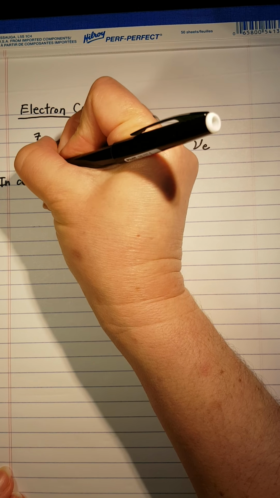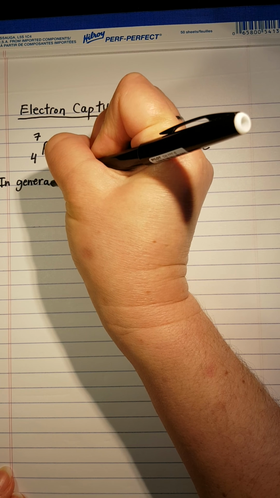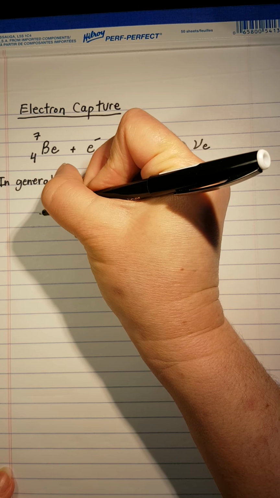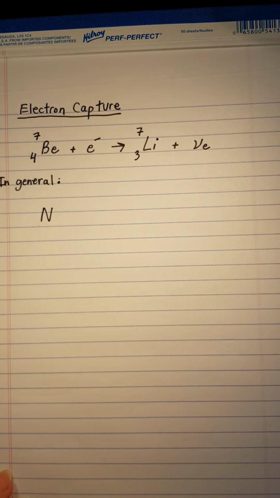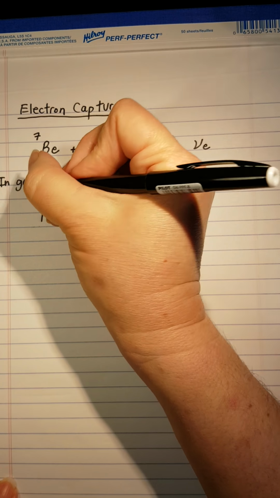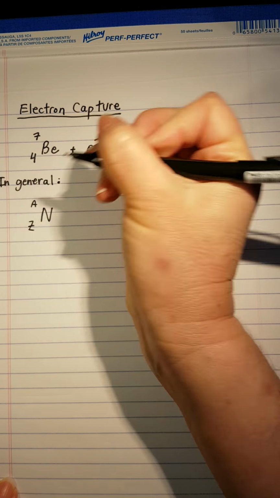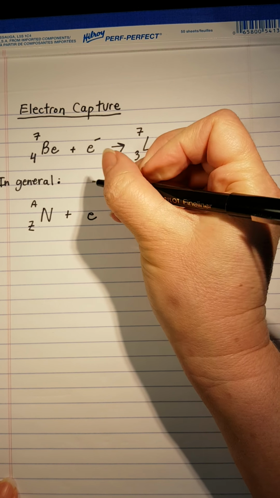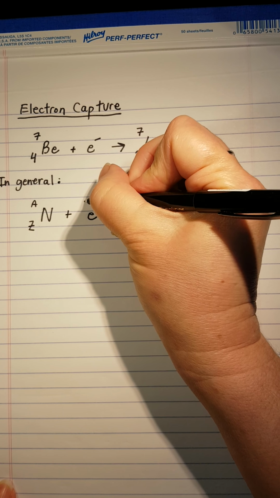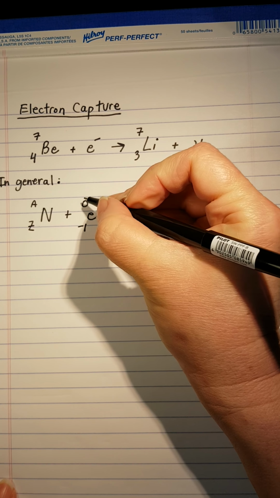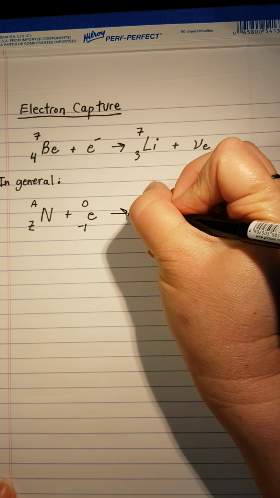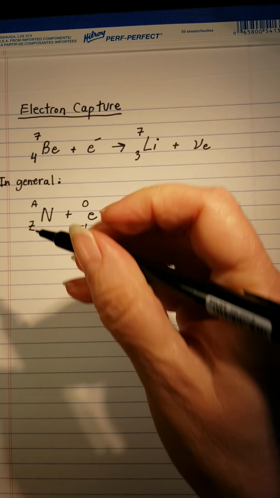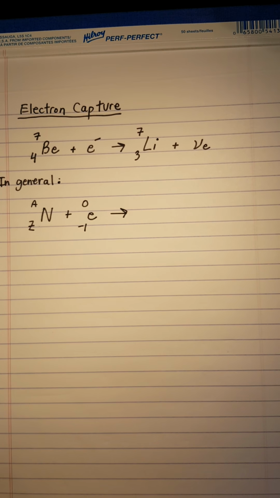So let's write this one in general so we can see what it looks like. We start with our unstable nucleus, A Z, and then it grabs one of its own electrons from the inner orbital usually. So we label that as 0, -1. And then again, we want the numbers, the above and below, to add up.